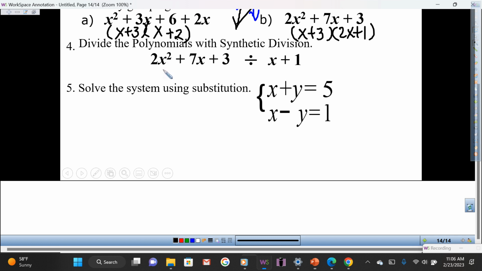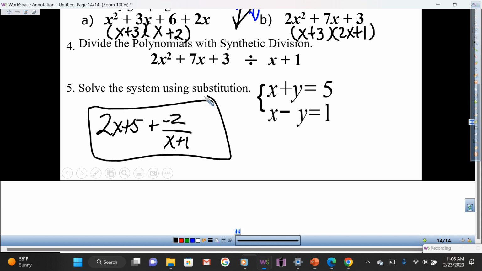Anaya, pass to someone. Diego. Number 4. Like that? Hands if you got that. That is correct. And we need a solution for the system.